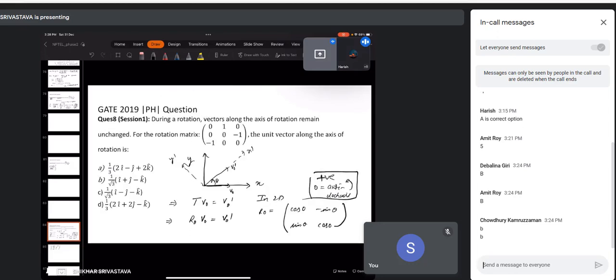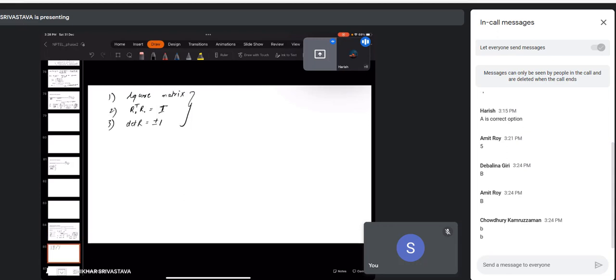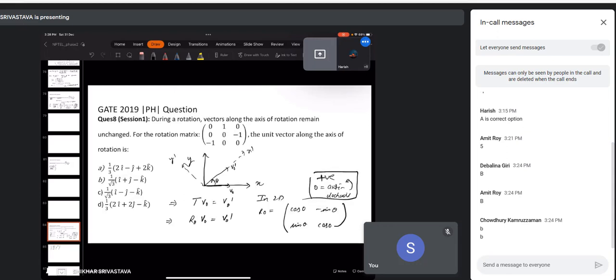In this question they have given a 3 dimensional rotation matrix and they have already given the values. Basically what they're asking is that during a rotation there are some vectors which lie along the axis of rotation and they remain unchanged.